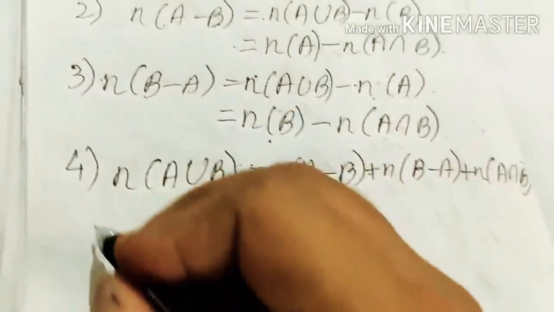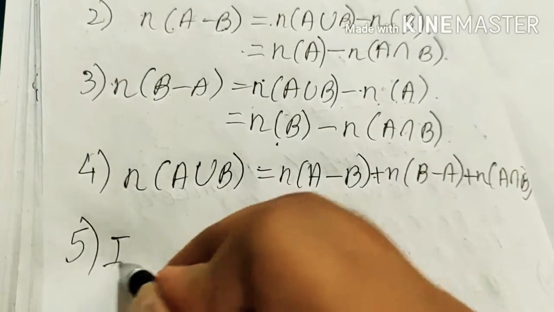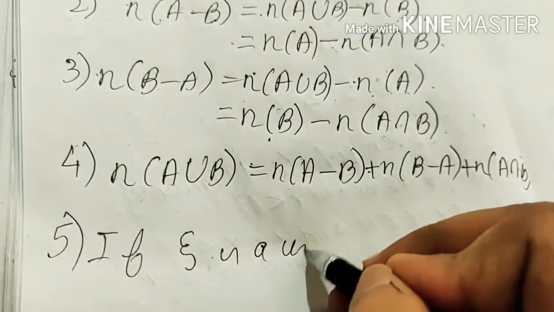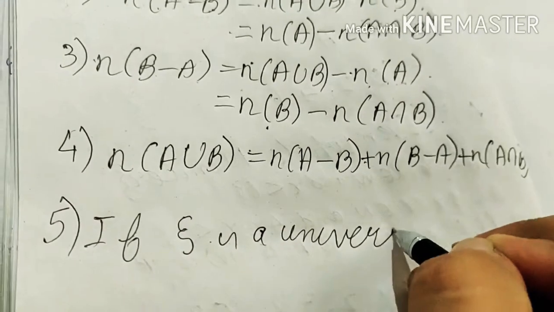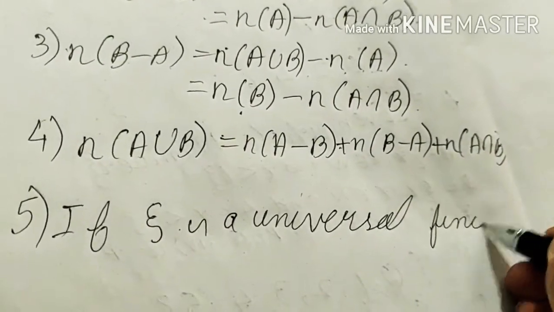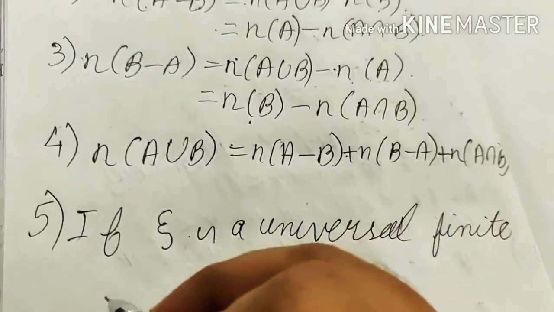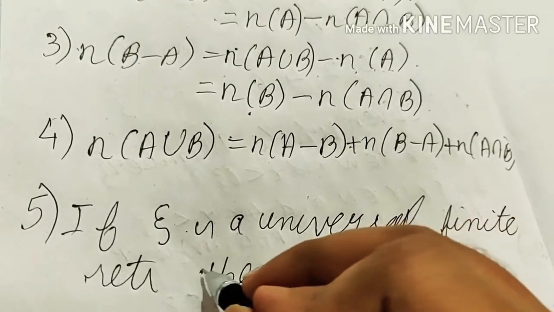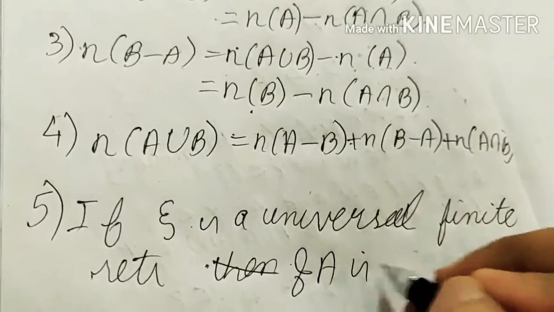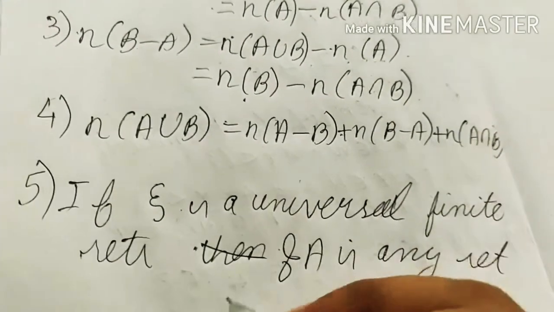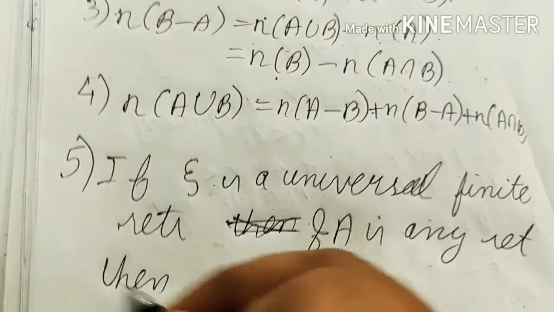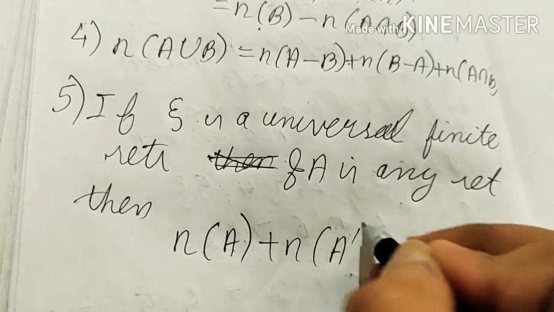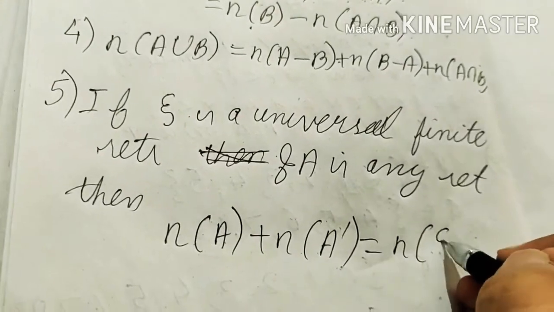And one more thing, if this is a universal set, a universal finite set, means it has a countable number of elements, and A is any set, then cardinal number of A plus cardinal number of A complement is equal to cardinal number of universal set.